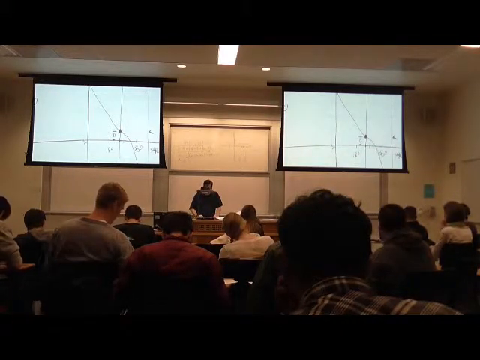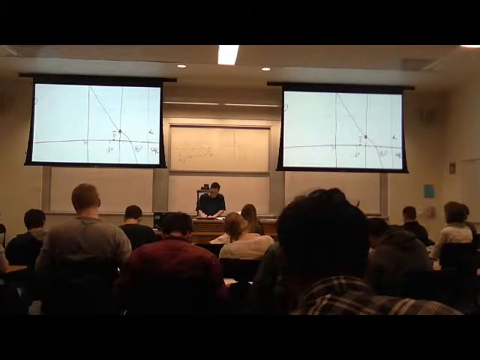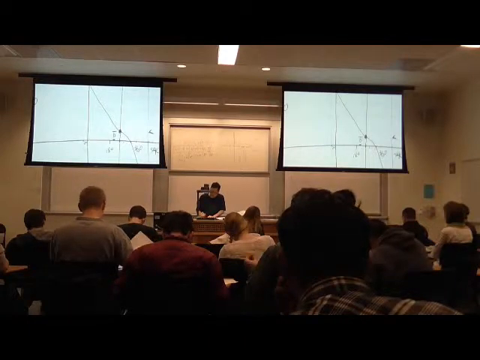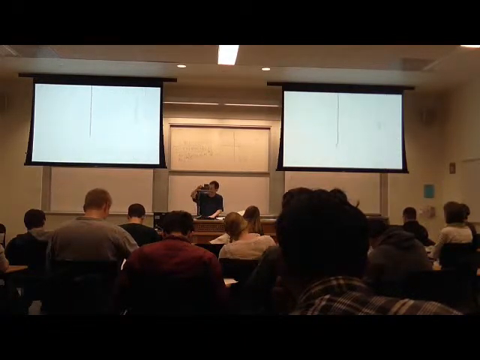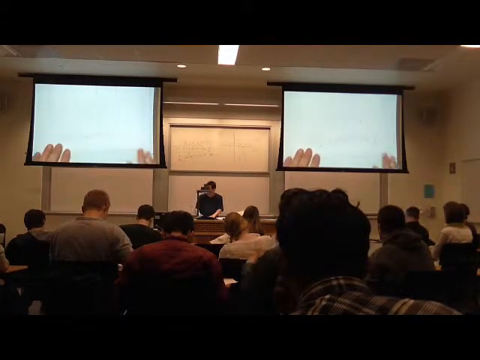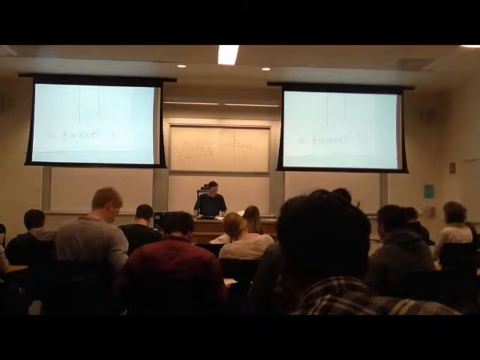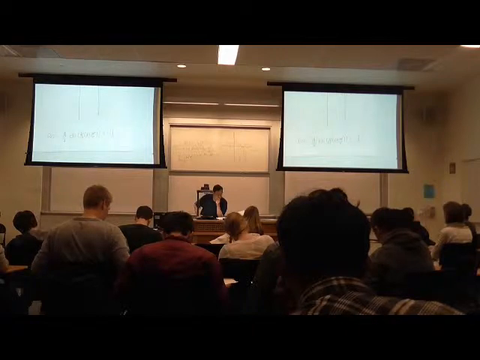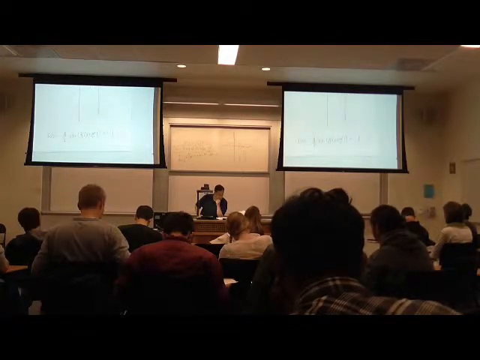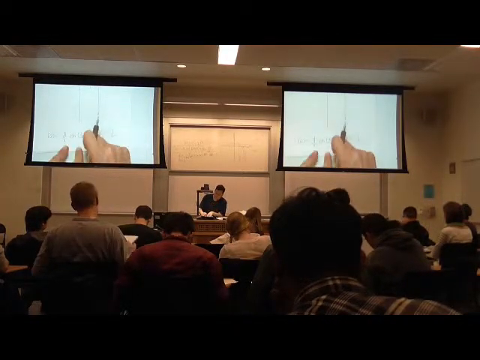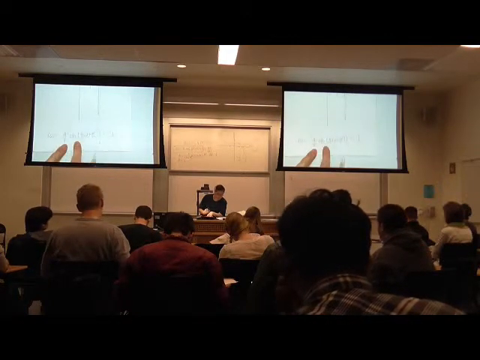At this point, now we need to know what is A? If there's one point on the graph that we can find, then we ought to be able to plug that in, and we ought to be able to figure out what A is.